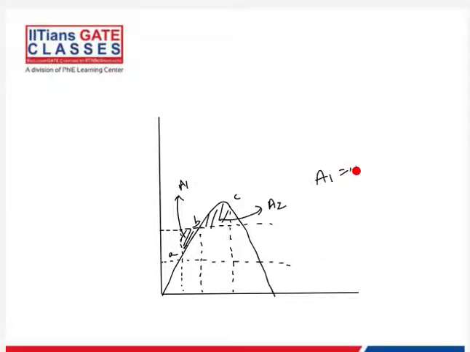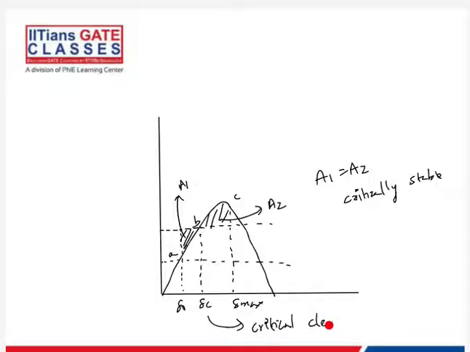If A1 is equal to A2, then this is the limit of stability. So this is our delta 0, delta C, delta max. This is called the critical clearing angle. This is extremely important with respect to a fault.